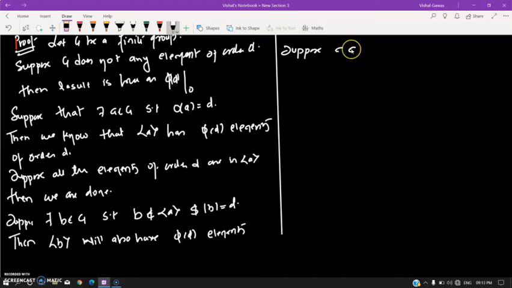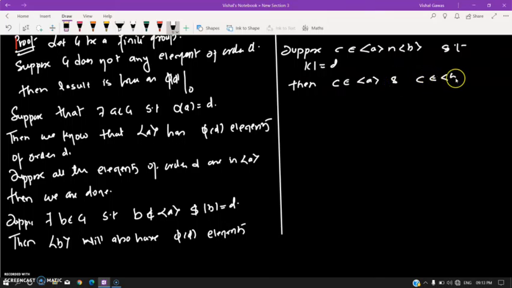Suppose C belongs to A intersection B such that order of C is also D. Since C belongs to A and C also belongs to B, this implies the subgroup generated by C would be the same as the subgroup generated by A. If there's a common element, then precisely they are equal.